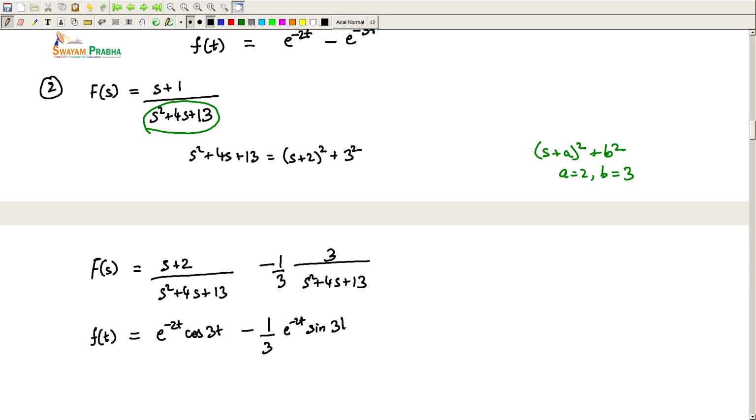So this is our time domain representation f of t for this particular Laplace function f of s.